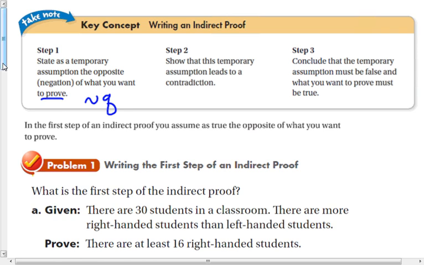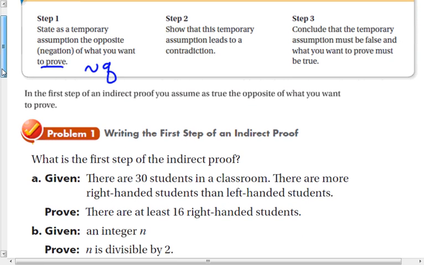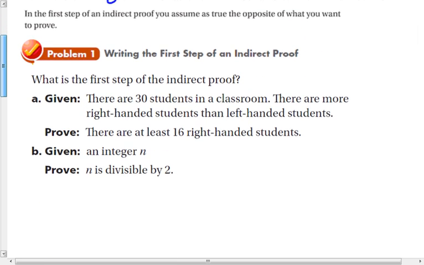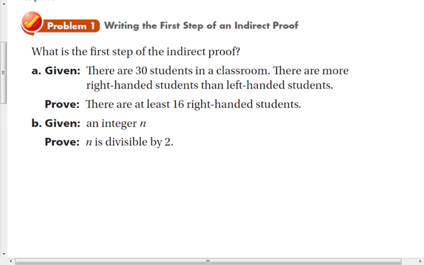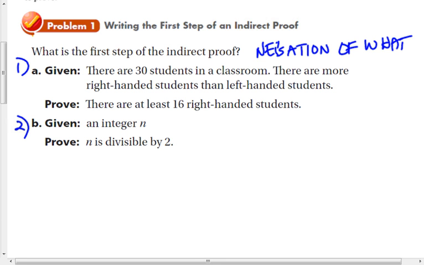So let's take small steps here. The first thing we want to do is learn how to state the temporary assumption. Let's look at these two examples, and I'll number them 1 and 2. The temporary assumption is the negation of what you're trying to prove. So look at what you're proving and just do the negation of that.